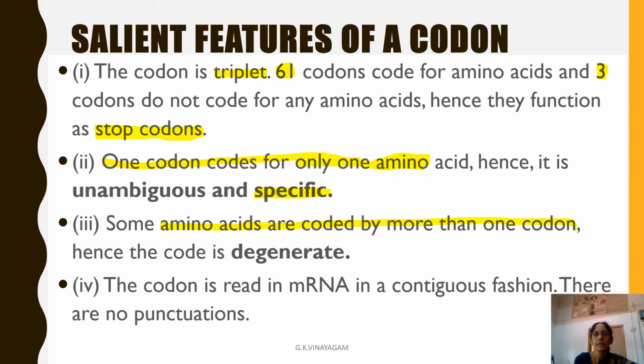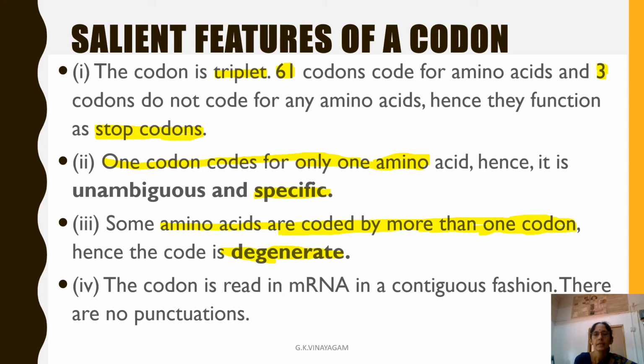So the codon is said to be degenerate. You have studied in the previous figure, you have gone through it. That is, UUU is for phenylalanine, UUC is for phenylalanine.